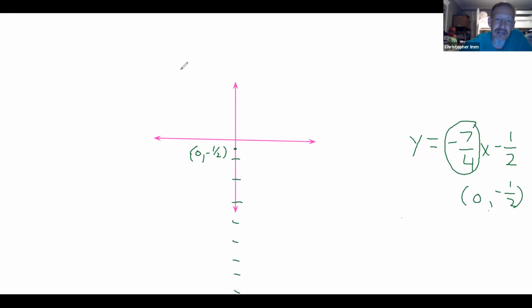So if I went down 7 and over 4, 1, 2, 3, 4, that should give me a new point. And that point should be like right around here. So going down 7 would be like going down 14/2.